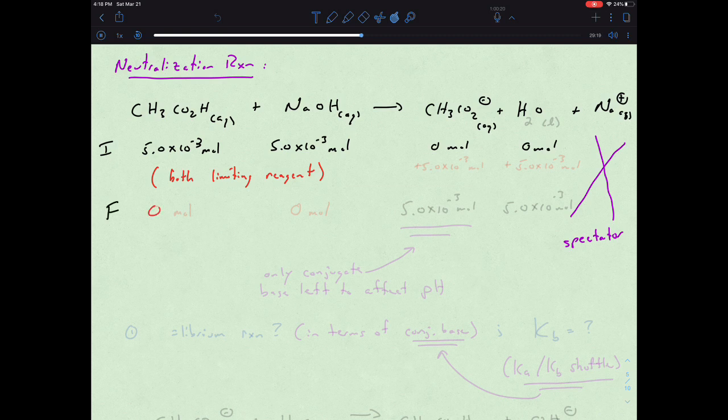Both of these are going to go to 0 moles, and our products are increasing by that amount, that amount being 5.0 times 10 to the negative third moles.